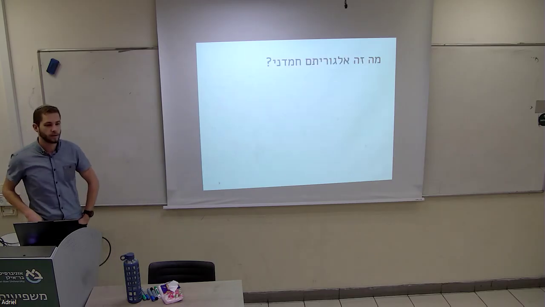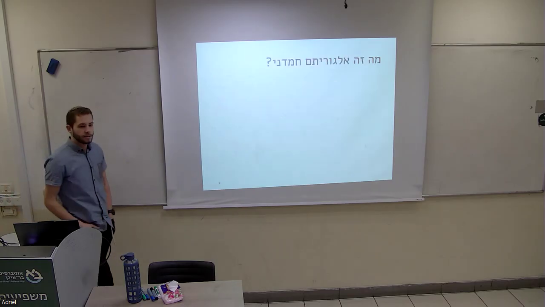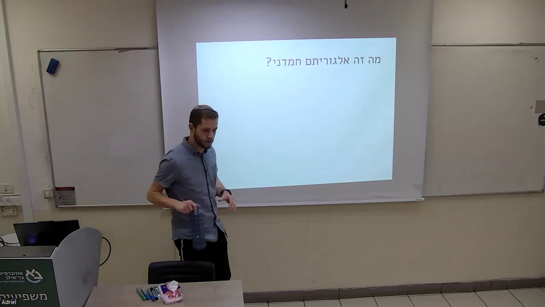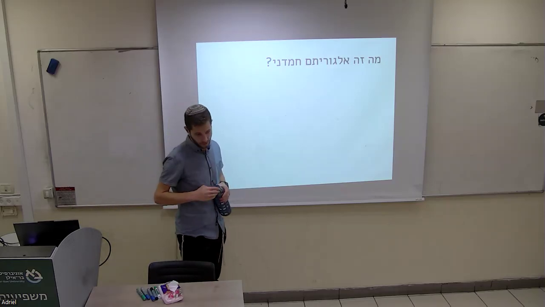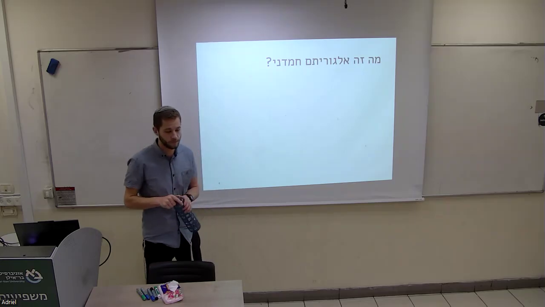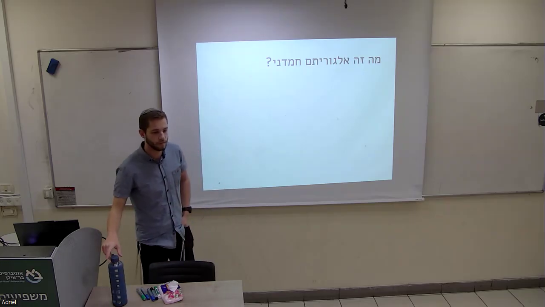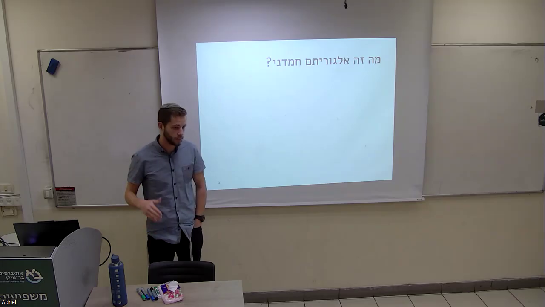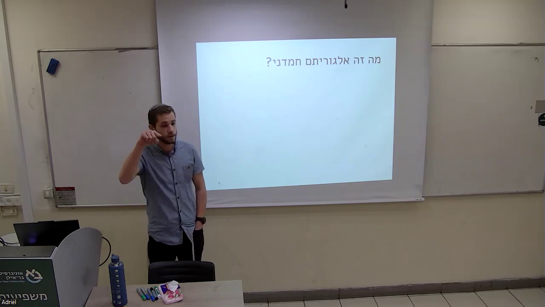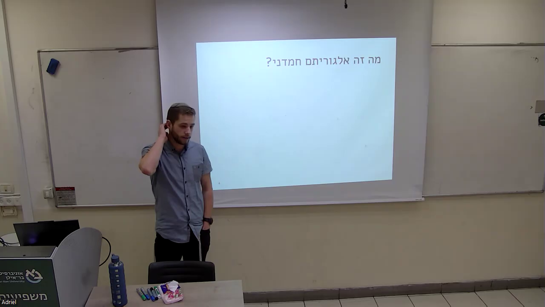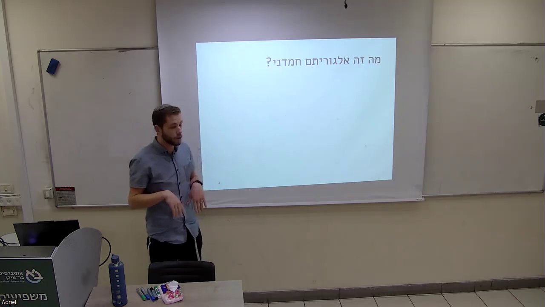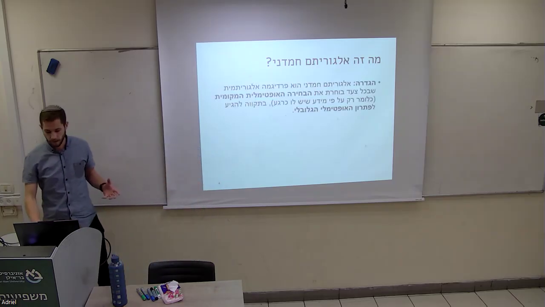So first off, what is a greedy algorithm? Can you answer that from the class? What's a greedy algorithm, Thomas? Exactly. It takes the optimal option locally based on the data that it has right now.